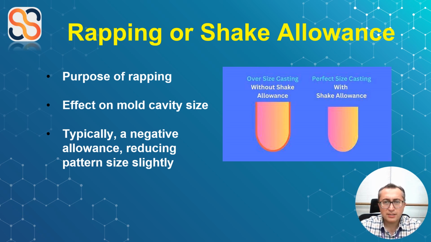While minor in smaller or medium castings, this shift becomes more pronounced in larger castings. To balance this effect, wrapping allowance is generally negative, meaning the pattern dimensions are slightly reduced, usually by about 0.5 to 1 millimeter. This ensures that the casting dimensions remain accurate once the mold is fully prepared.